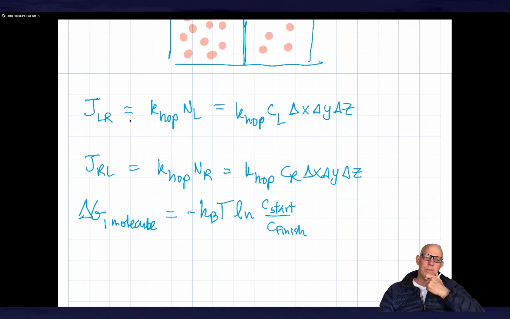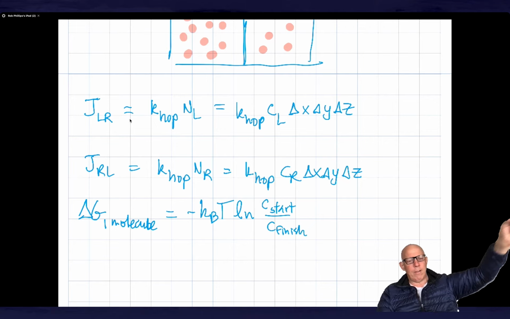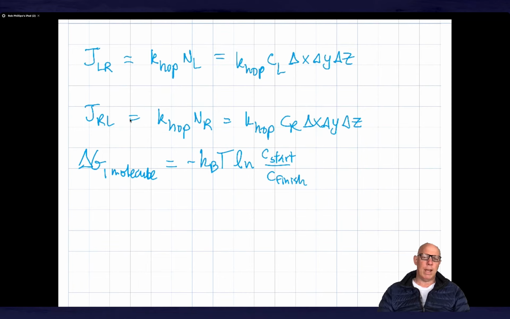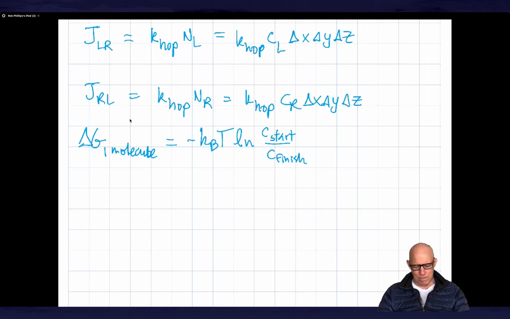If C start is greater than C finish, then the free energy change will be negative because I have the log of something greater than 1. If C start is less than C finish, then I'm taking something up its gradient, and I'm going to have a net delta G that is, I want to say, positive.